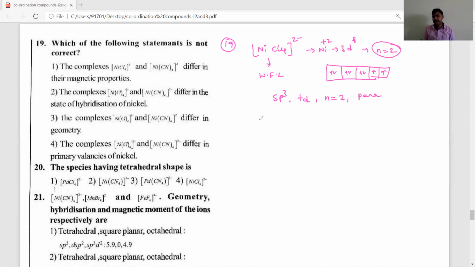The oxidation state is +2, so the primary valency is equal to 2.